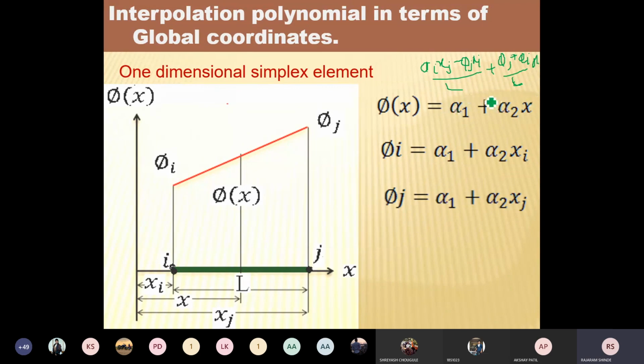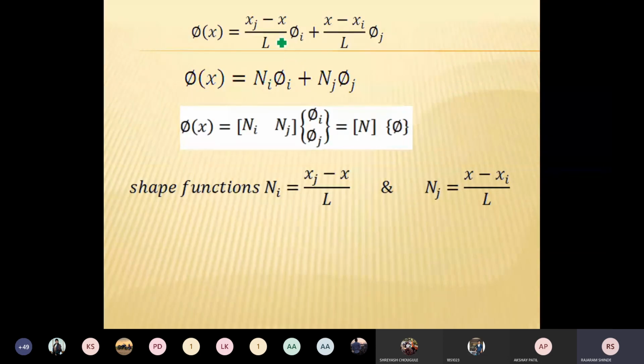Now this is the polynomial. Next, you combine the terms of phi i. Xj minus x is the coefficient of phi i, here it is a minus sign. Xj minus x upon L into phi i plus x minus xi upon L into phi j.